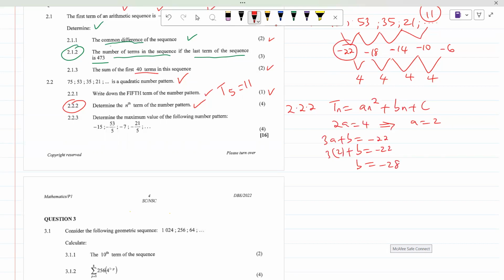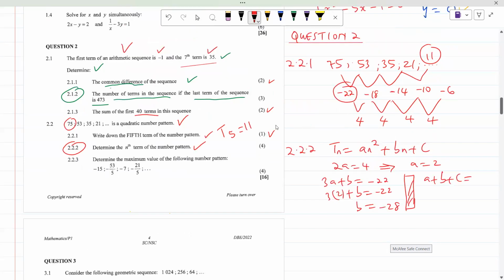Right. One thing that is very important for us to note is that the first term, a plus b plus c, in the original sequence is 75.